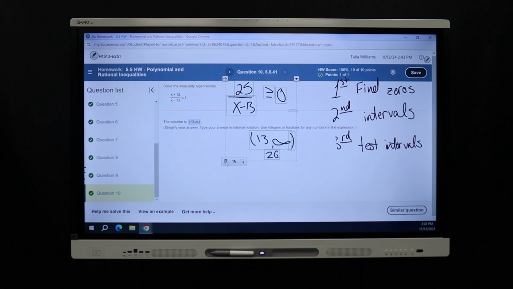But that is the last one in chapter 5. Yay.